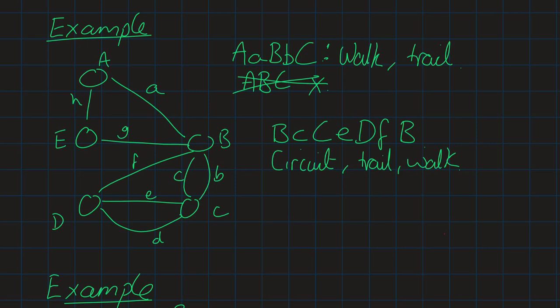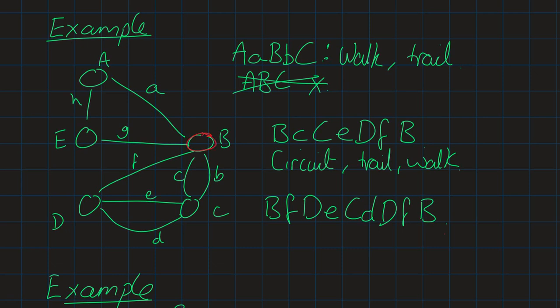Maybe I'll do something which isn't a trail. I could do B, f, D, e, E, c, C, d, D, f, B. It's a bit fast, but once you start thinking about it geometrically, it's quite simple.